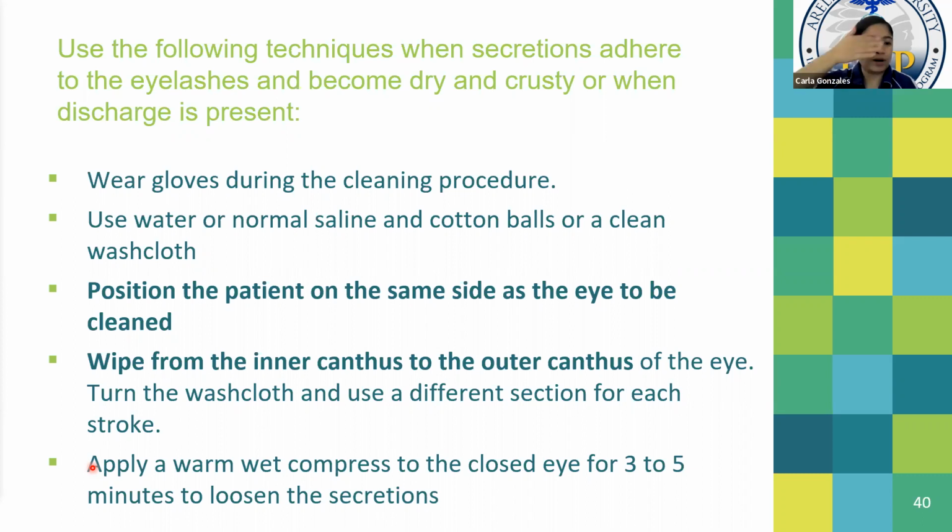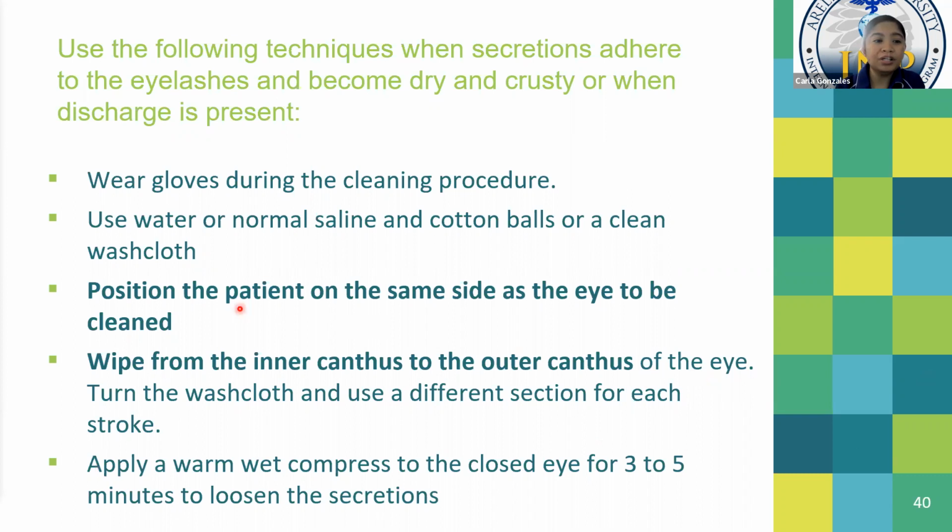So wipe, and use one stroke, just like how you clean a wound. One stroke, then discard, or you can use the other side of your washcloth. Apply a warm wet compress to the closed eye for 3 to 5 minutes to loosen the secretions.